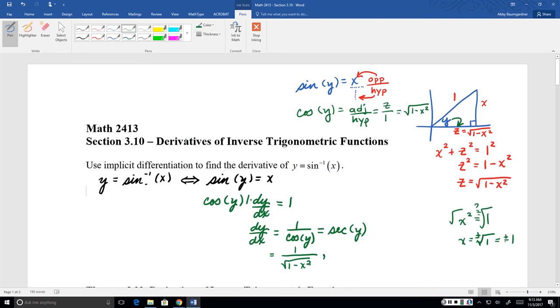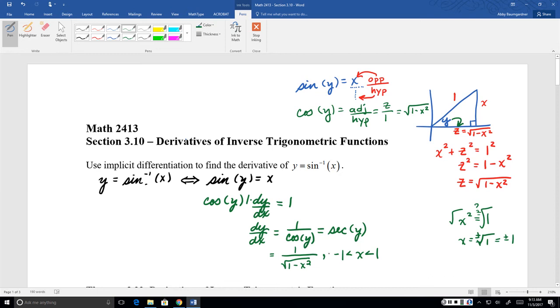And what you're going to find is that the only way you can plug any numbers into this is if the x's are between negative 1 and 1, but not equal to negative 1 or 1. If I were to plug in a 3, I would get 1 minus 3 squared, which is 9. 1 minus 9 is negative 8, and we can't take the square root of negative numbers.